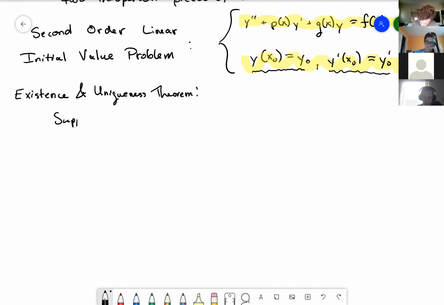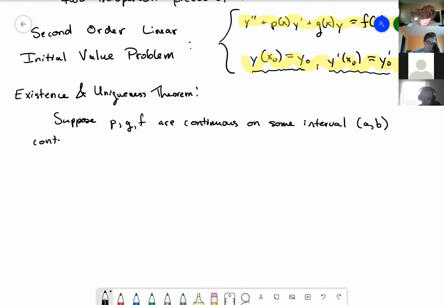So we'll suppose P, Q, and F are continuous functions on some interval AB containing our initial point x0, and y0, y prime 0 are arbitrary constants.